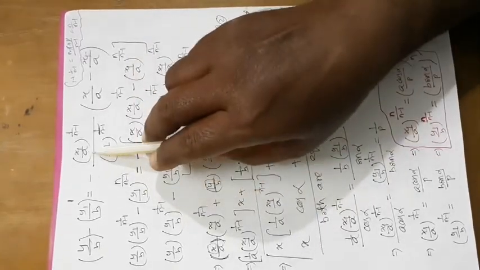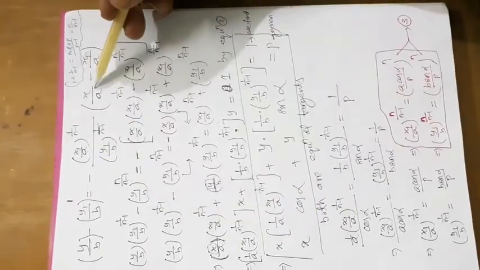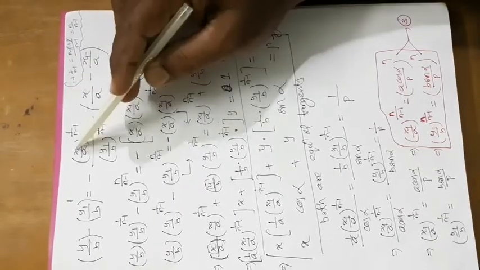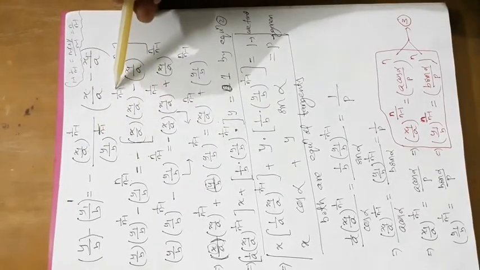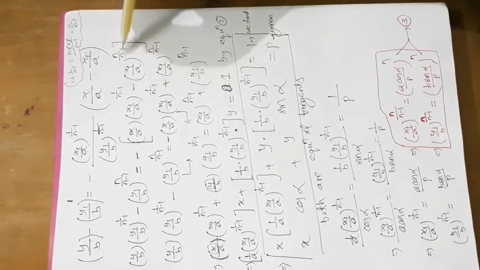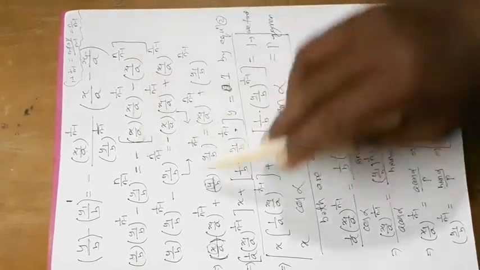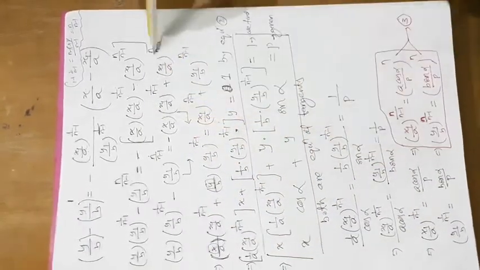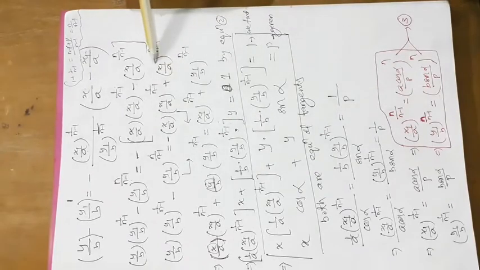Now (x1 by a) to the power 1 by n minus 1 into x by a minus x1 by a is written as (x1 by a) to the power 1 by n minus 1 times x by a, minus (x1 by a) to the power n by n minus 1. Then multiply the minus here: minus x by a (x1 by a) to the power 1 by n minus 1 plus (x1 by a) whole to the power n by n minus 1.